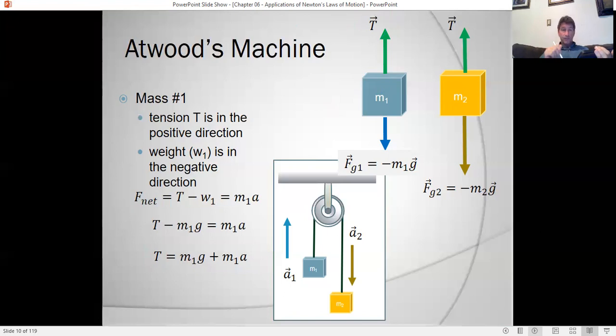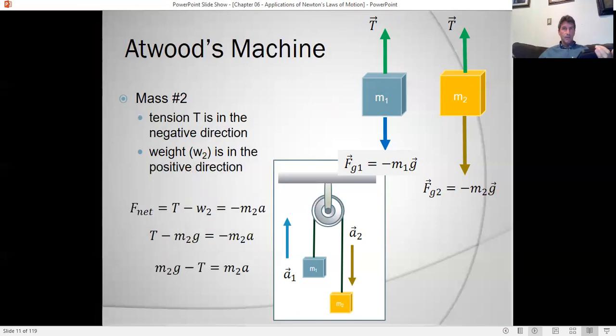All right, do the same for mass number 2. And again, be careful here that you get your sign correctly. Okay, mass 2. Mass 2 is going in the negative direction. That acceleration is negative. So I write this equation, notice what I've done. Negative M2A.